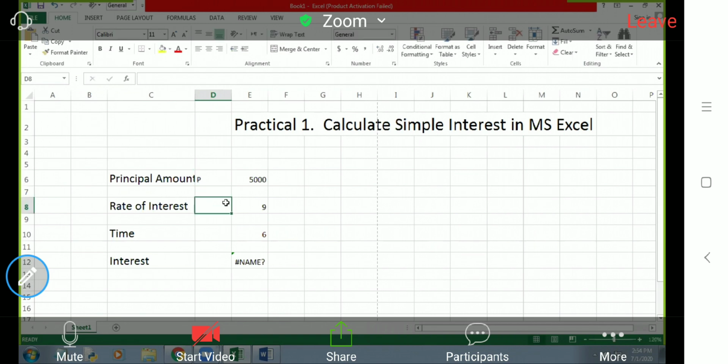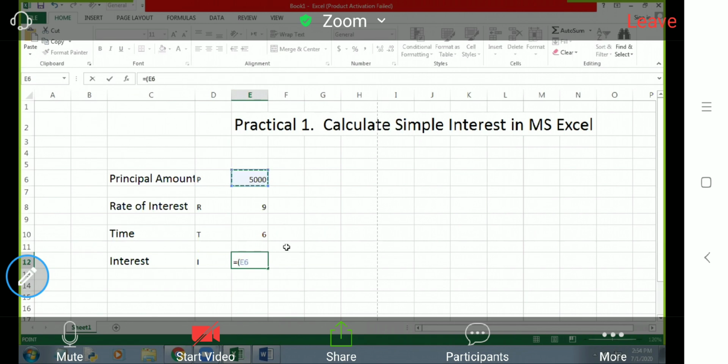This value is R. This value is T, and this is the interest I. So P into R into T will be equal to I. What we have to do is first write the equal symbol to calculate simple interest, and after that place a bracket, and the cell reference of this cell is E6.